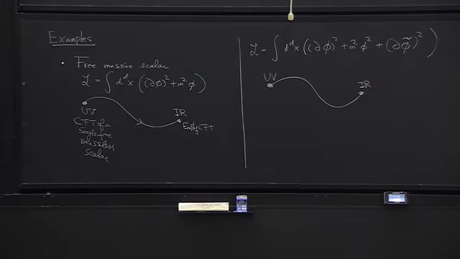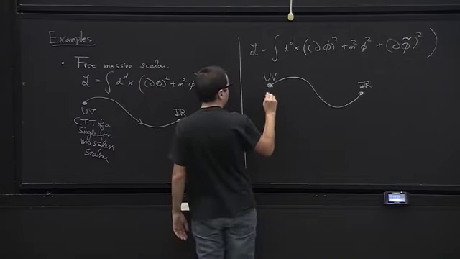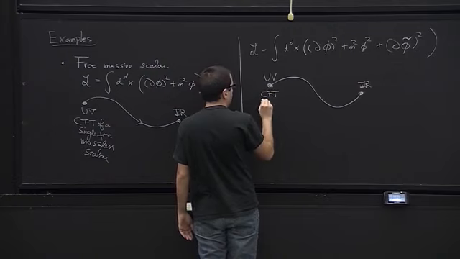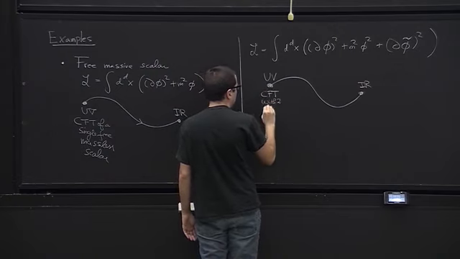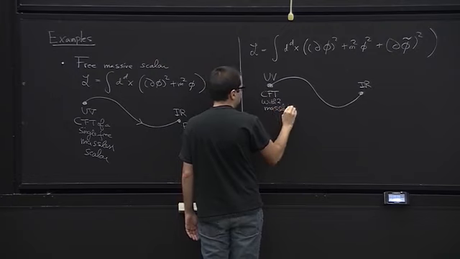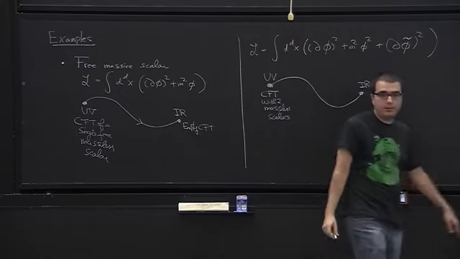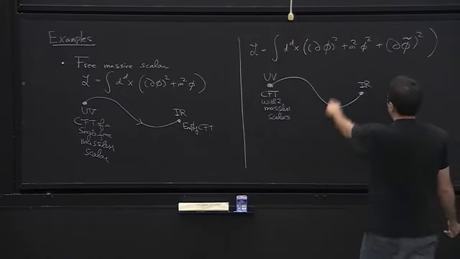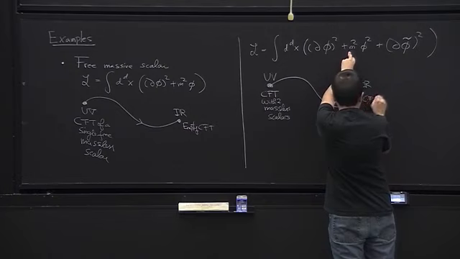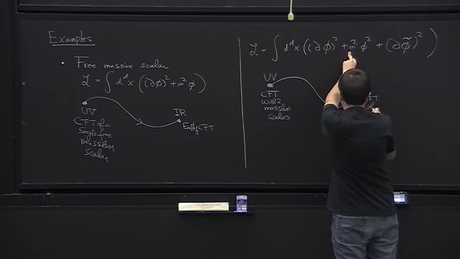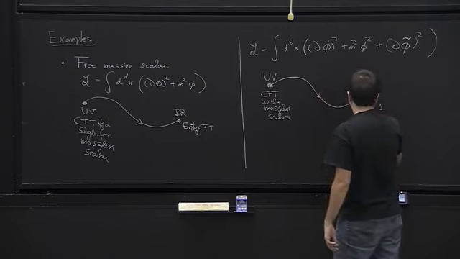What happens at very high energies? Two massless scalars. Yes, at very high energies we don't care about the mass of this particle. So we have a CFT with 2 massless scalars. What about in the infrared? Only one. In the infrared, the massive guy decouples completely. So we have a CFT with 1 massless scalar.